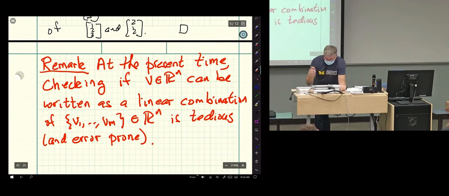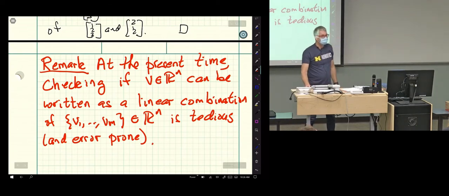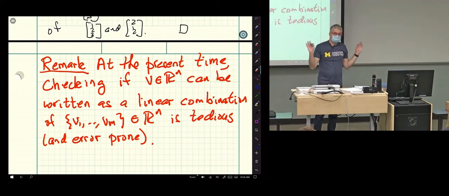Left off my minus sign. So we don't like methods like that, okay? So we're gonna have to come back and fix this.